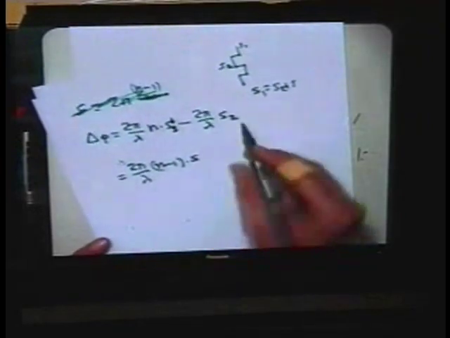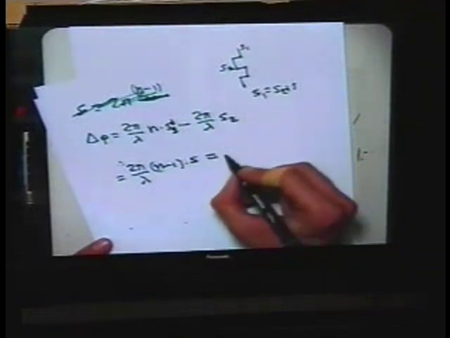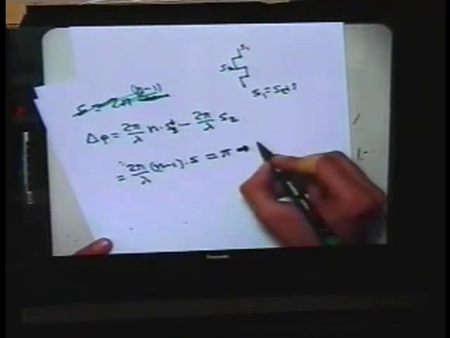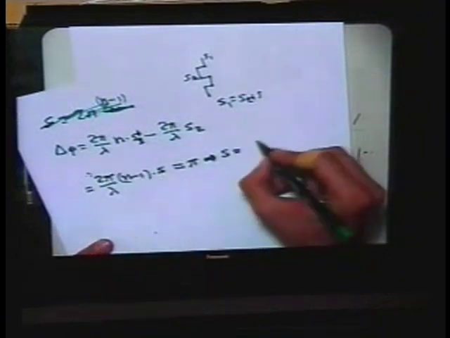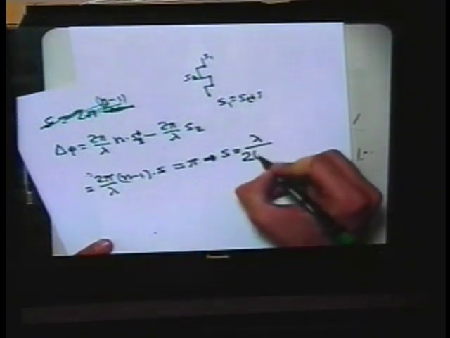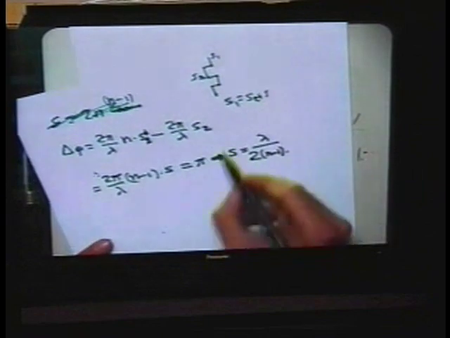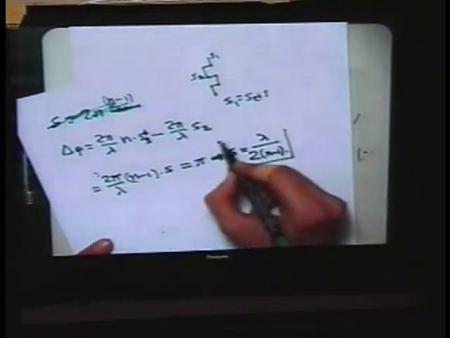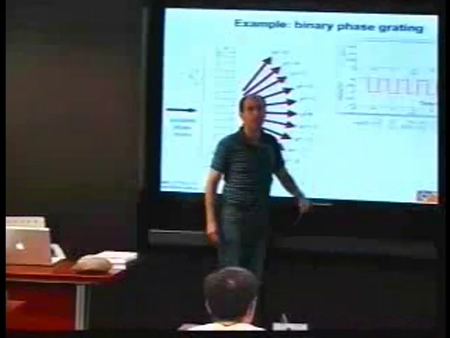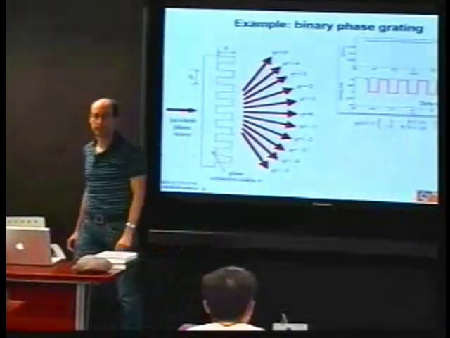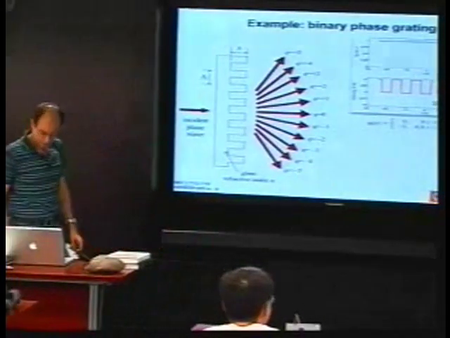So you can see from here that if s is given by lambda divided by twice the index difference between the glass and the surrounding medium, then the phase delay implemented by this grating is actually pi.